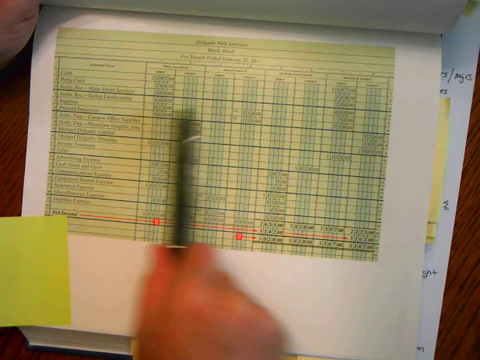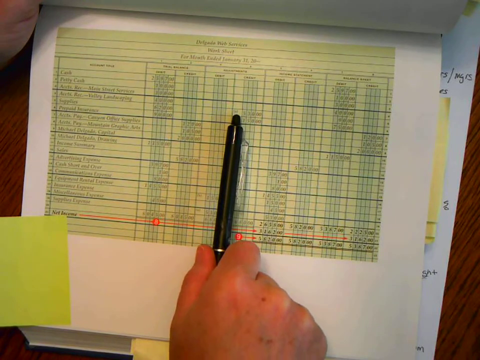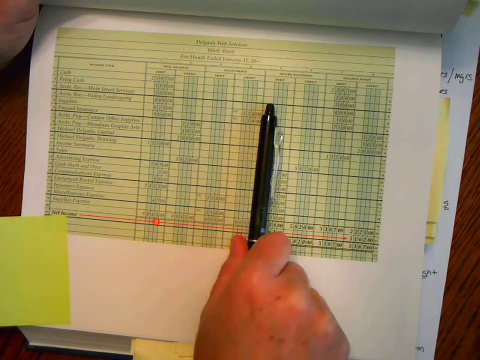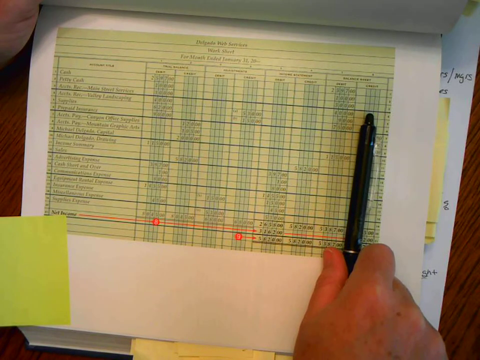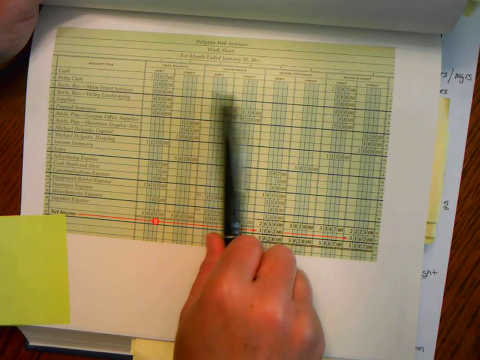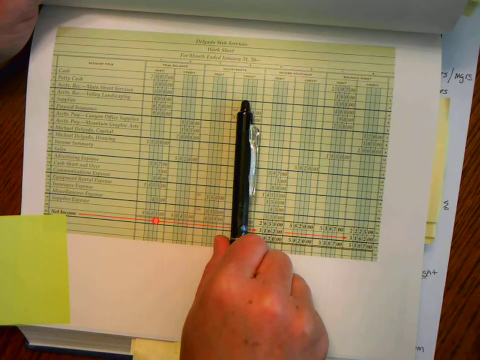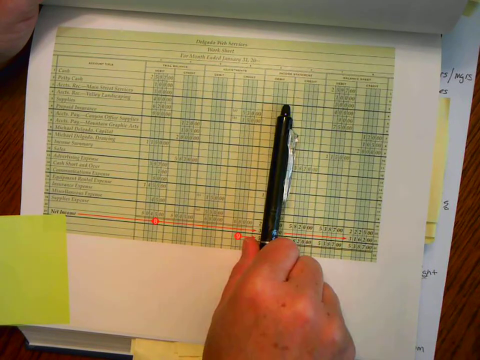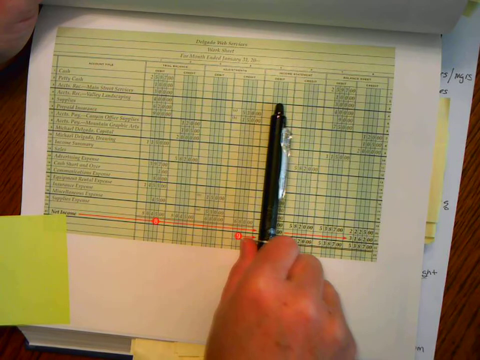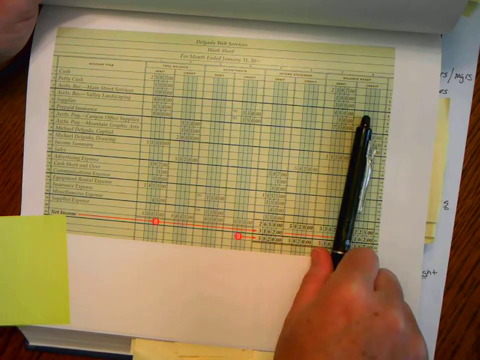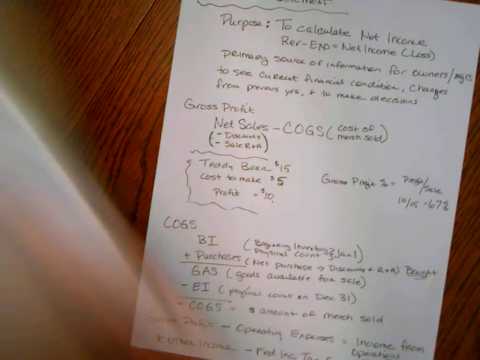Then we have our adjustments, and then we extended those numbers straight into income statement and balance sheet columns. But sometimes there's an extra 2 columns in here for an adjusted trial balance, okay? Or sometimes they just go to the adjusted trial balance and they don't really have the income statement and balance sheet columns directly here. So I just want to show you that difference real quick.